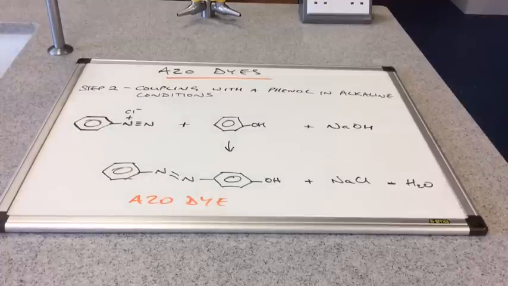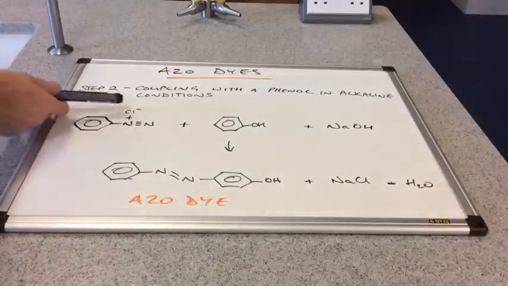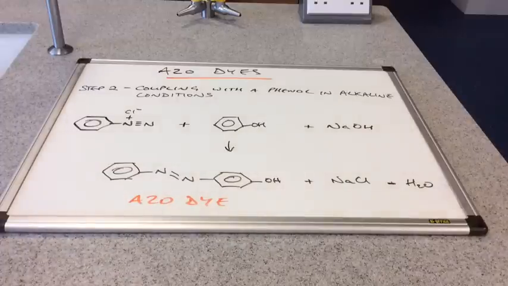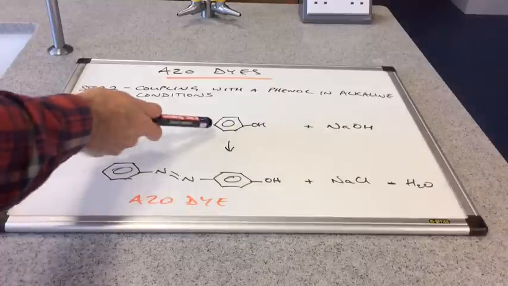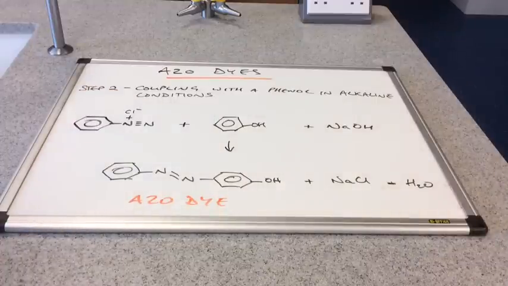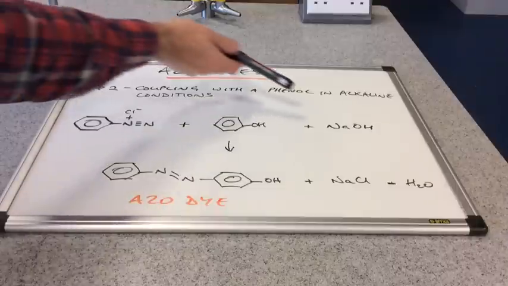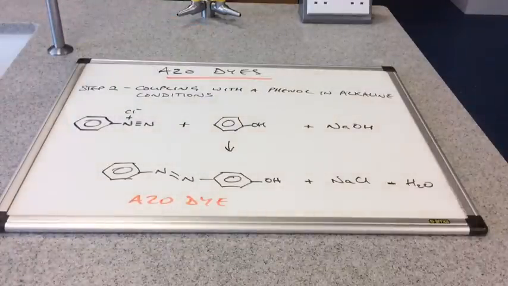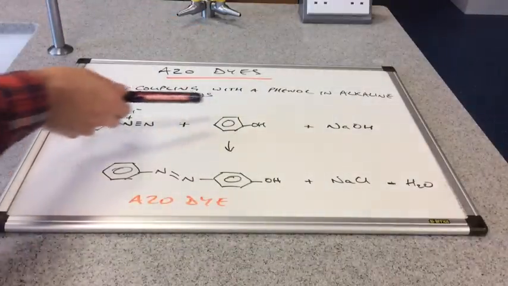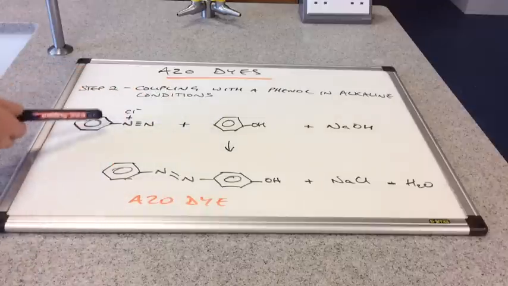So the second step is we are going to take the diazonium ion, or diazonium salt as I've drawn here, and we're going to couple that. So all that means is we're going to join it together to a phenol, and it needs to be in the presence of alkaline. So I've got sodium hydroxide here to create the alkaline conditions. So we're going to couple these 2 molecules together.